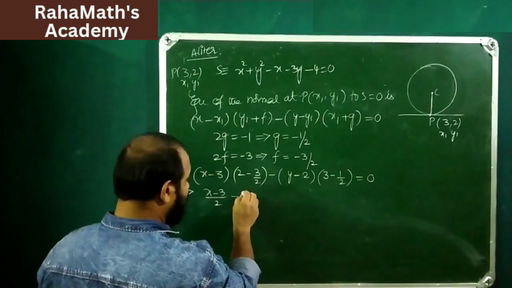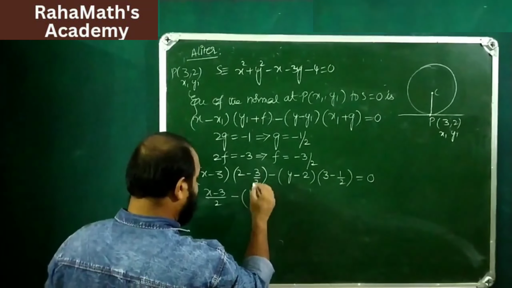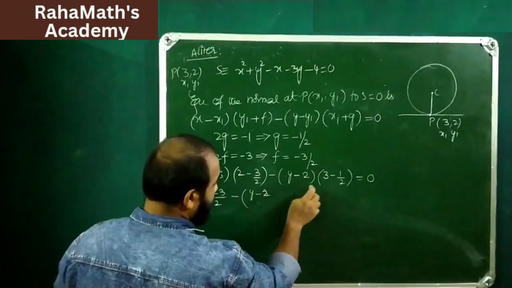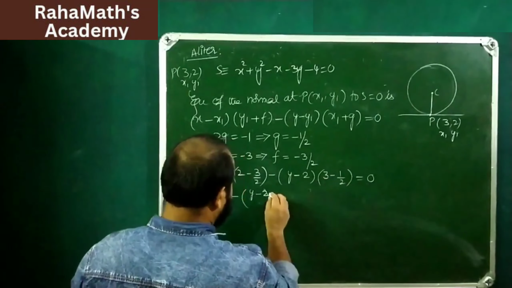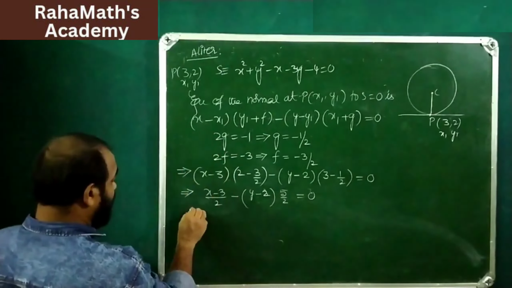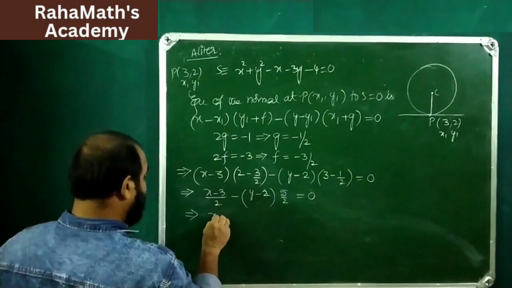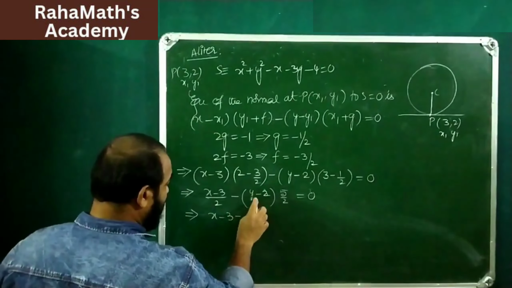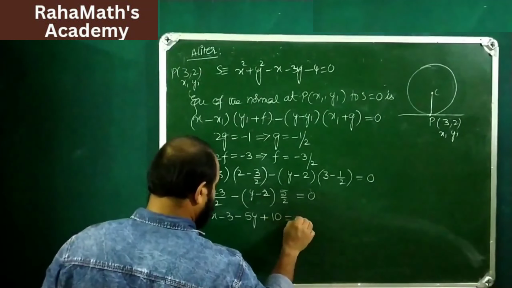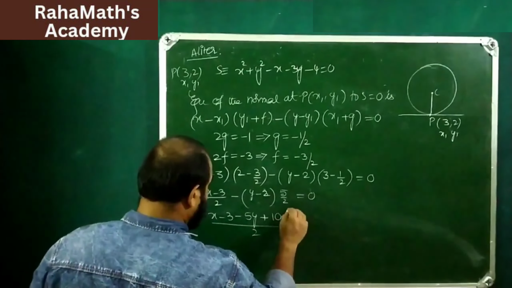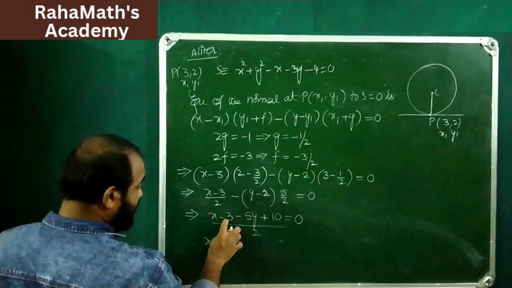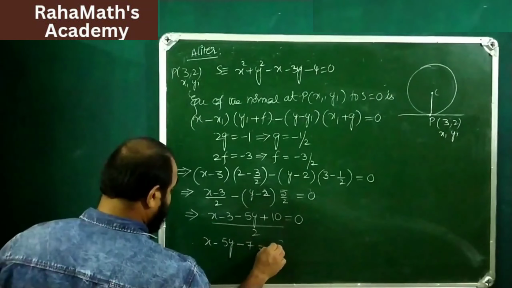So minus of y minus 2 into 5 by 2 equals 0. Take 2 as an LCM, then x minus 3 minus 5y plus 10 by 2 equals 0. So therefore x minus 5y minus 3 plus 10, that is plus 7, equals 0.